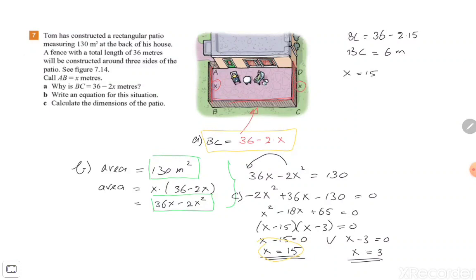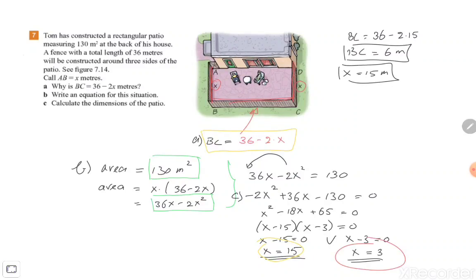It's possible, of course, but if I look in my sketch, you will see that BC is much longer than line AB. So I do not think that x is 15 meters and that BC is 6 meters. So I think that we need to use the other solution.